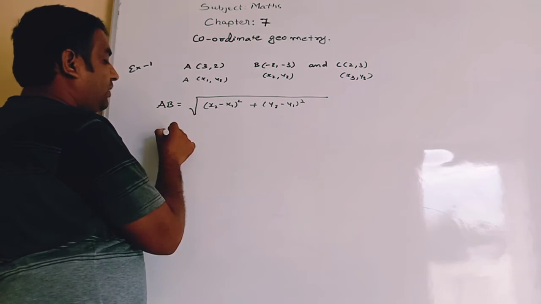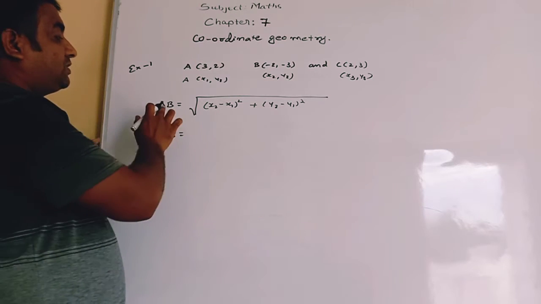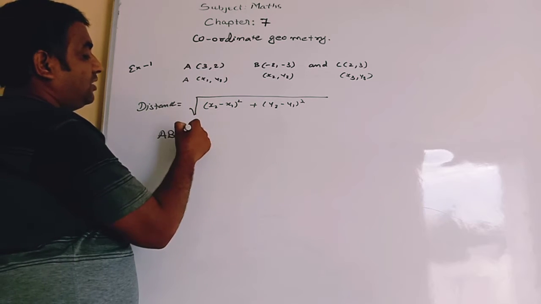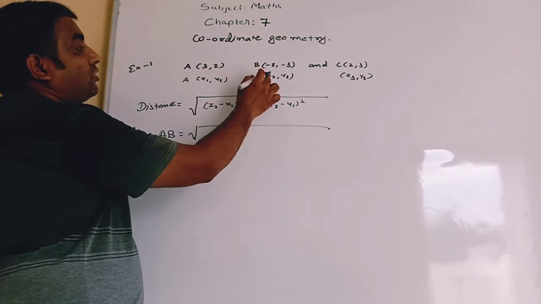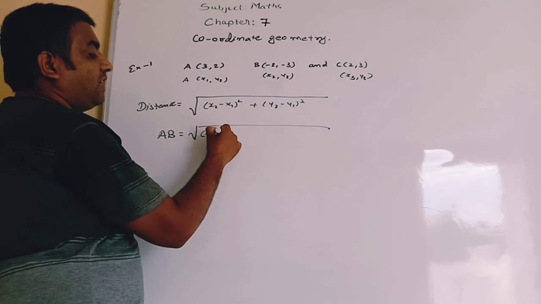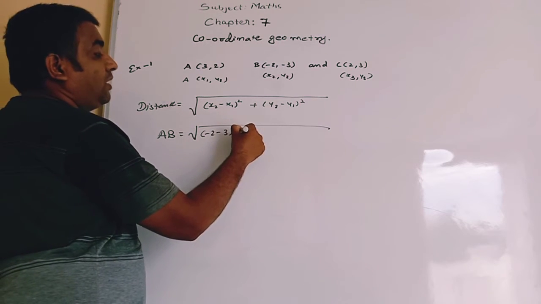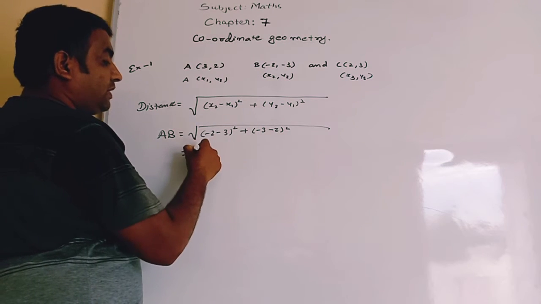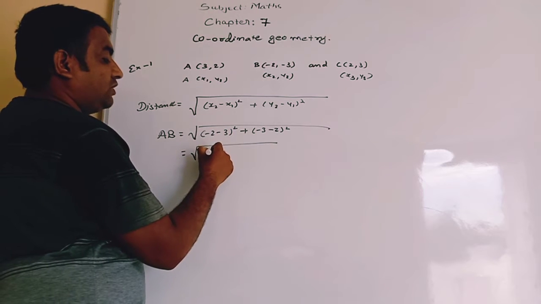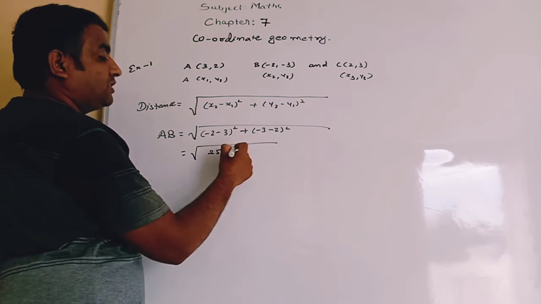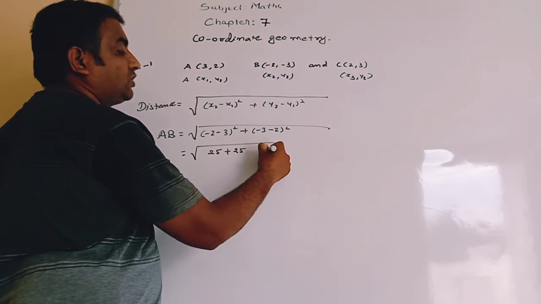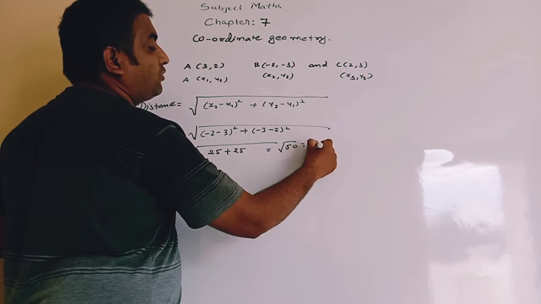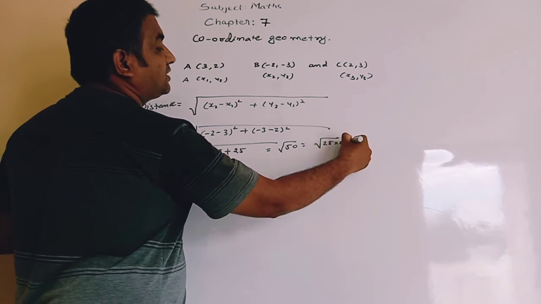So according to this formula, first for AB we write: (-2 minus 3) square plus (-3 minus 2) square. So this will be -5 square, 25, and -5 square, 25, and so 25 plus 25, root 50, that is root of 25 times 2, and so it is 5 root 2.